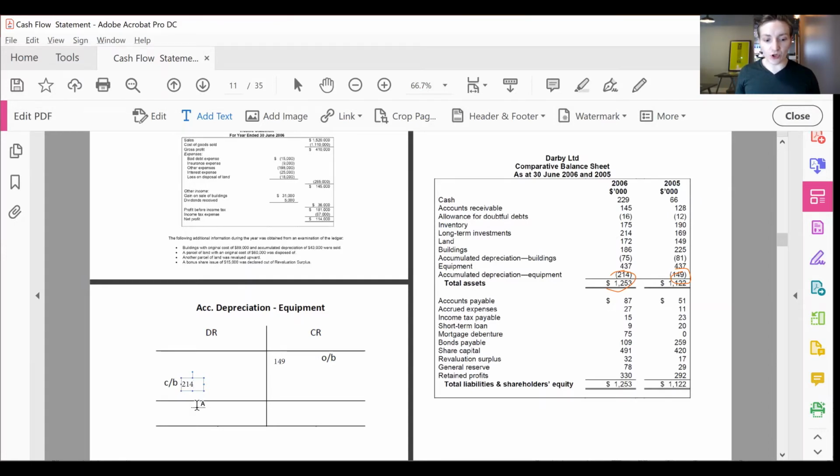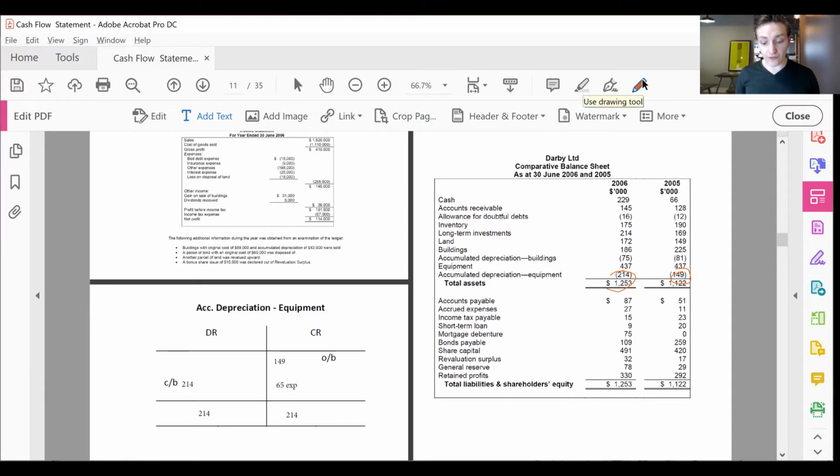So our debit column will sum up to 214. What this means in our credit column is we must have had a depreciation expense for our equipment. The amount will be 214 minus 149, so our depreciation expense will be 65. Again, that 65 here is not a cash flow.